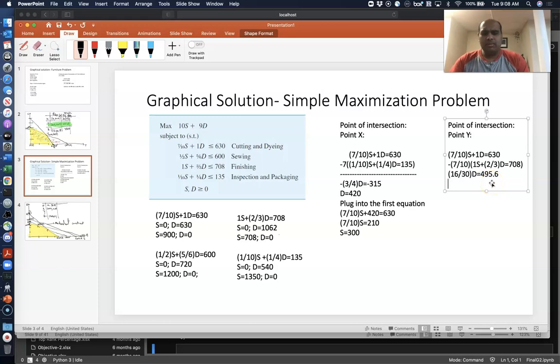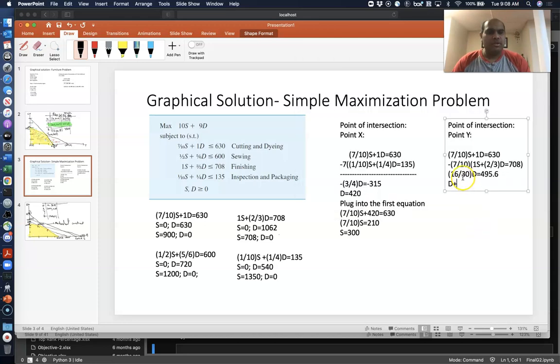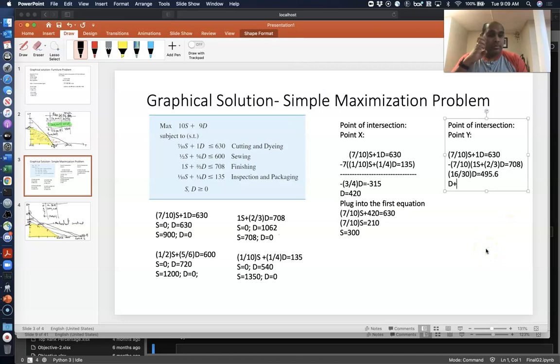I can solve for d. So d will be 495.6 multiplied by 30, then divided by 16. Okay, I messed up somewhere.